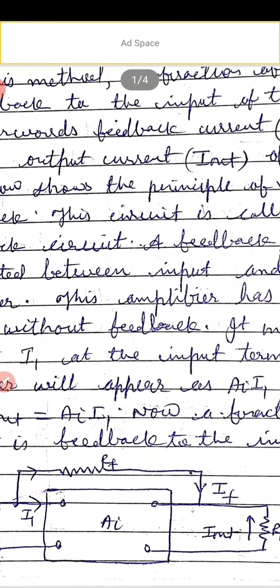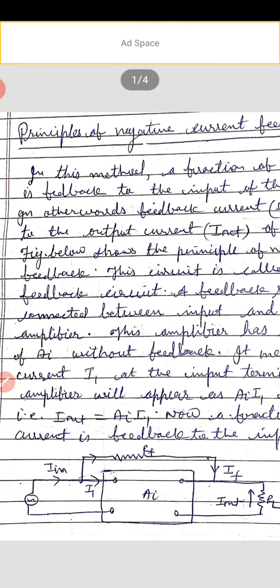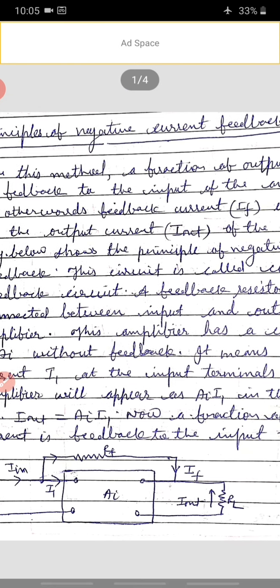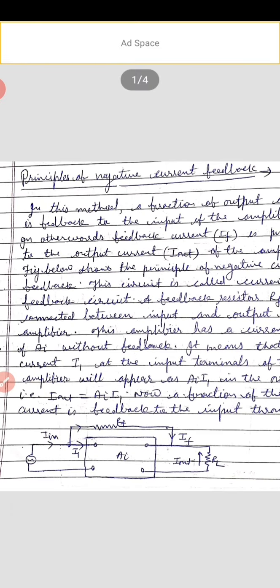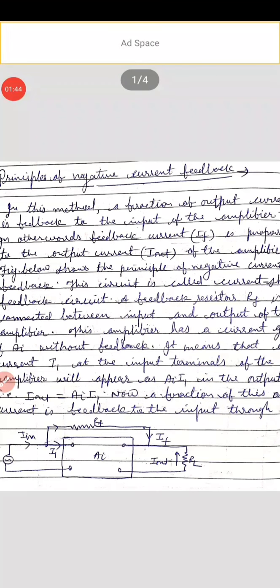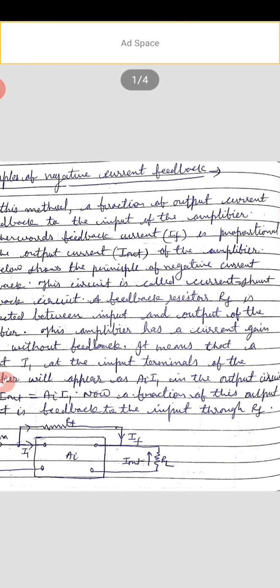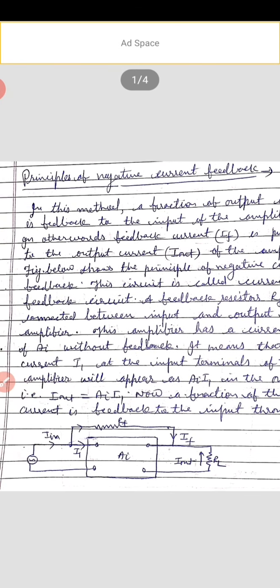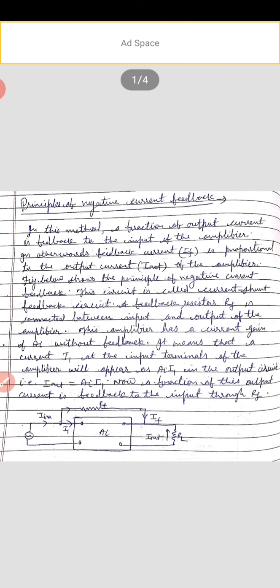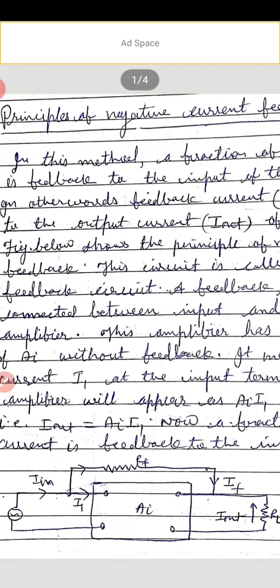This is the circuit diagram for negative current feedback. AI is the current gain, this is the circuit for feedback, and RF is the resistance which is connected between the input and output.